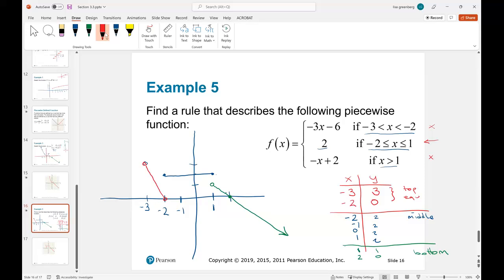So my answer would be 2. So when I want to evaluate, I definitely have to only use the piece that I need. But if you notice, I also had to use the transition points to find out where my graph would start and where my graph would end. So I did plug in numbers to the places where they weren't true, but I still put open circles there.